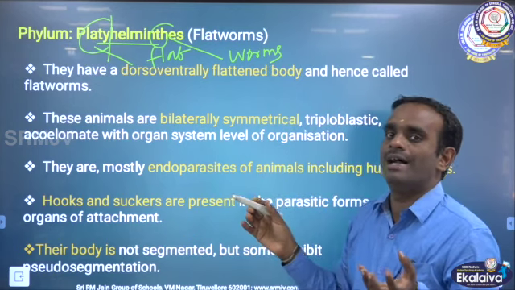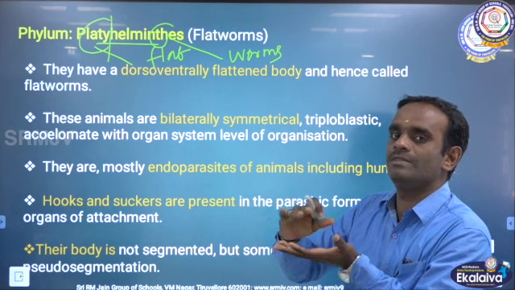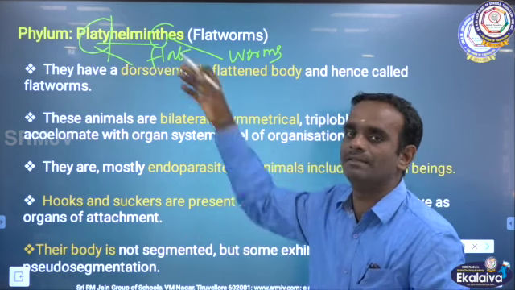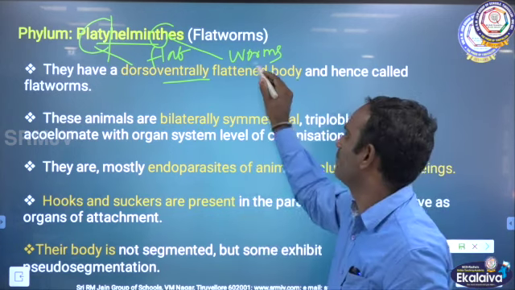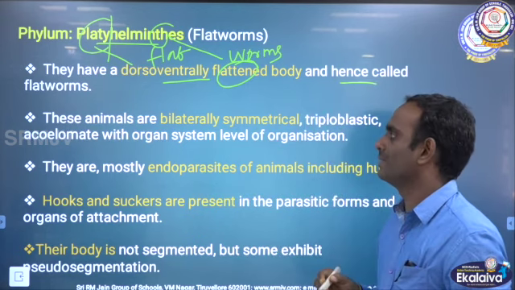So animals having a flat body come under Phylum Platyhelminthes. Clear? They are dorsiventrally flattened, and hence called flatworms.